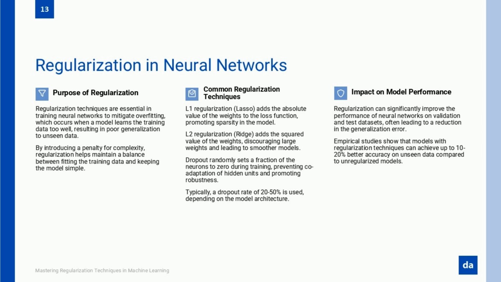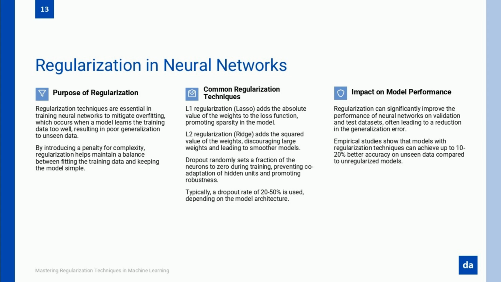This is exactly why regularization is absolutely critical in neural networks, because without it, deep learning models memorize the training data instead of generalizing. Neural networks are powerful, but they have a major weakness. They have too many parameters. Think about it.